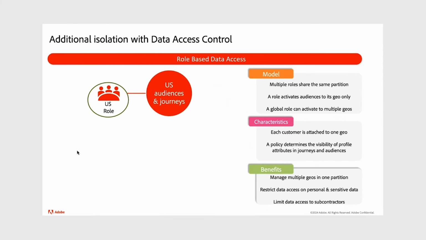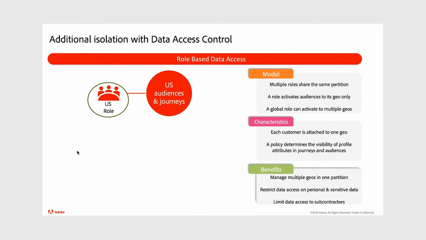And basically, this is a policy, a data access policy that will enforce the visibility of profile attributes in journeys and in audience. And this will also prevent wrong activation of US data to EMEA campaigns, for example.